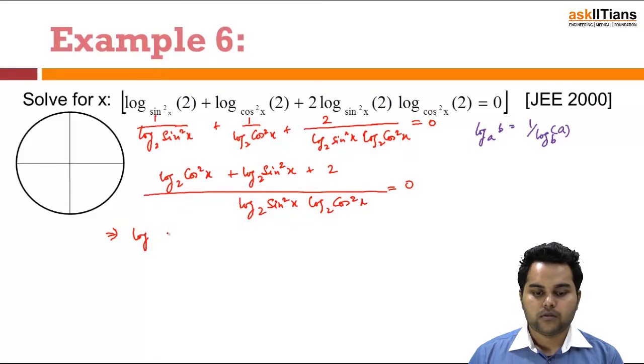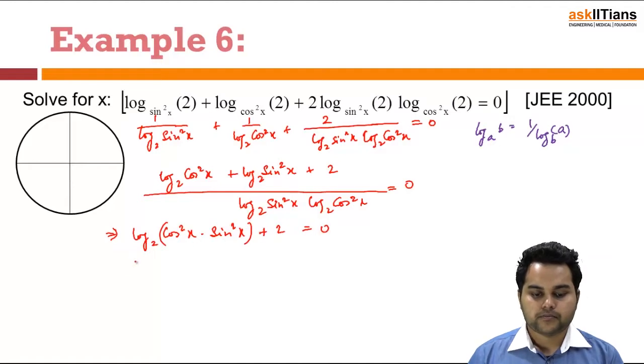I get log base 2 of cos square x into sine square x plus 2 equated to 0.